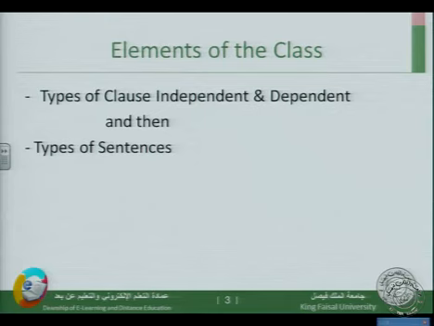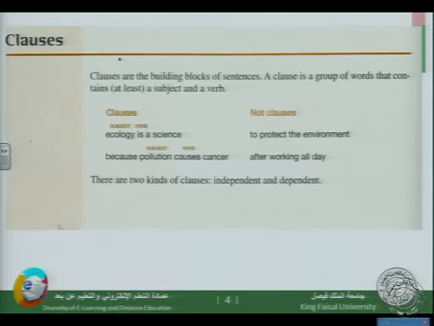We will explain what each one means and provide you with some examples, and then we will start talking about types of sentences. We have different types of sentences, and we will explain every single one. Let us start first with the clauses.